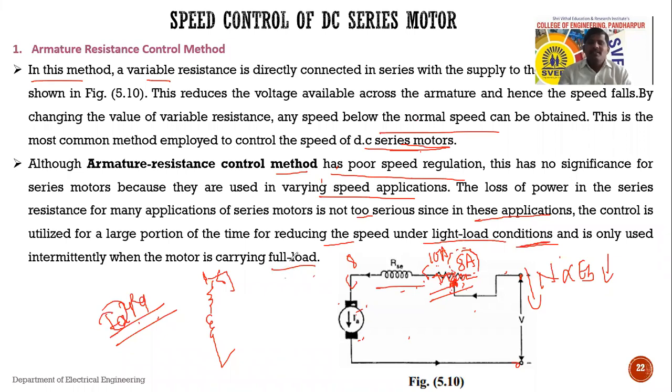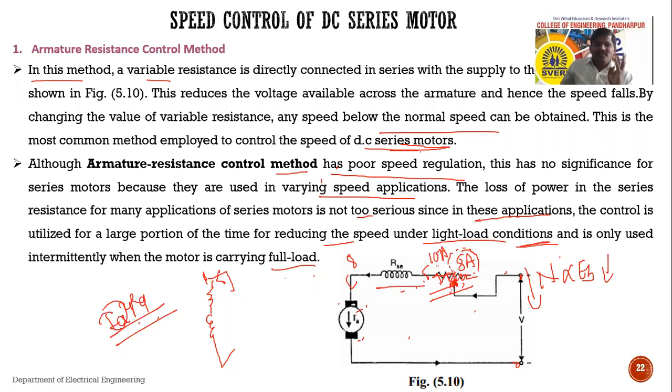At that situation, when we want to control the speed intermittently, we use this armature resistance control technique. So these are the speed control techniques of the DC series motor. There are two main methods to control the speed.